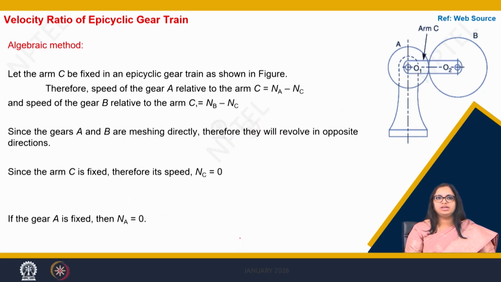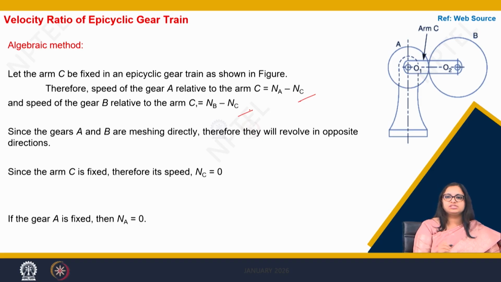Now let us look at the same thing from the algebraic point of view. Let us say my arm C is fixed in this epicyclic gear train. What would be the speed of A relative to C? It will be NA minus NC. And what would be the speed of gear B relative to C? This is NB minus NC.